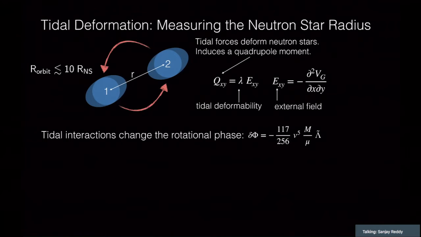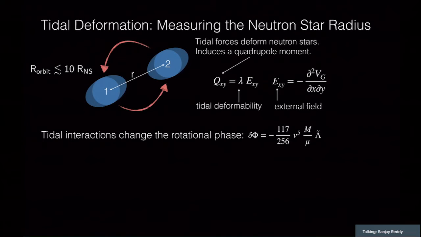So it actually speeds up the inspiral of the two neutron stars because of these quadrupolar deformations. And you can calculate in general relativity how the orbital phase of the two inspiraling neutron stars changes when you have a finite tidal deformation.